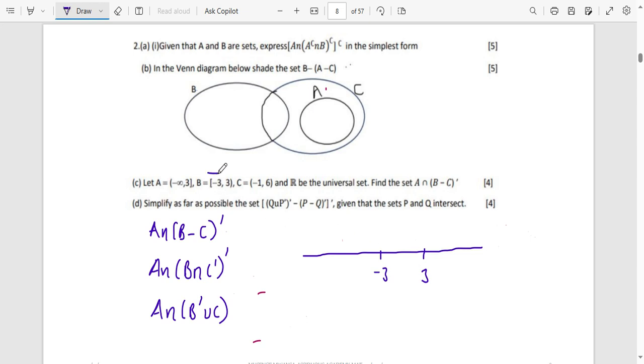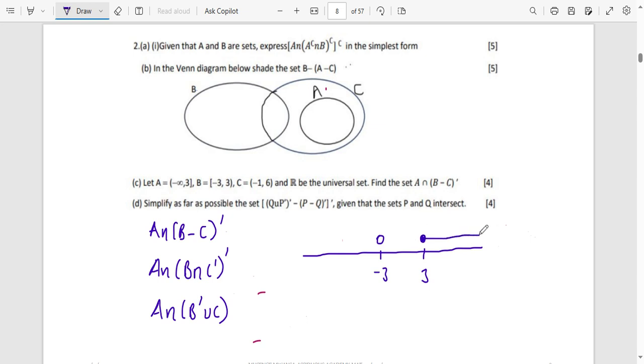Are we including negative 3 in B complement? No, so I'm going to put an open circle. Are we including 3 in B complement? Yes, we are going to include it in B complement because it's not part of B.